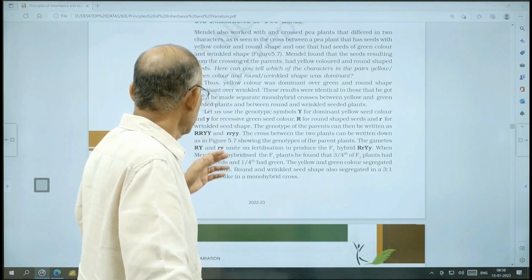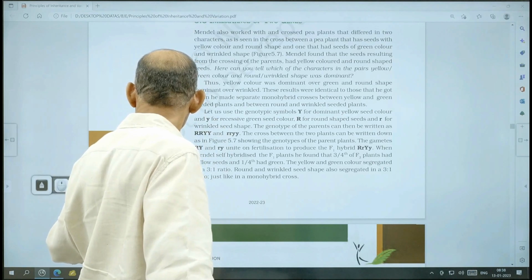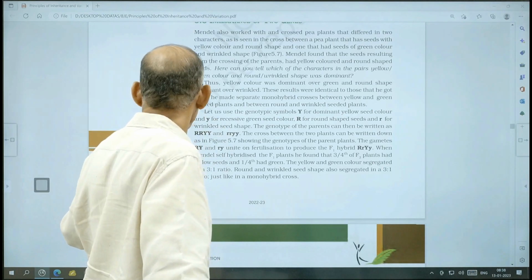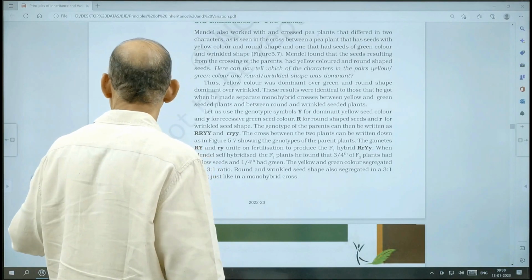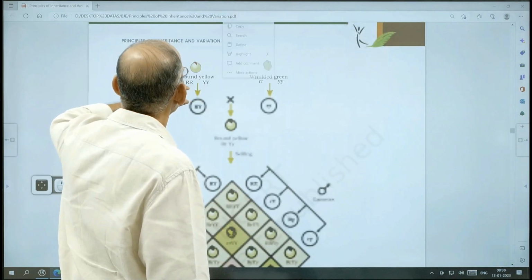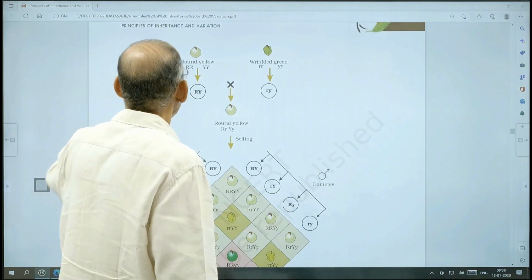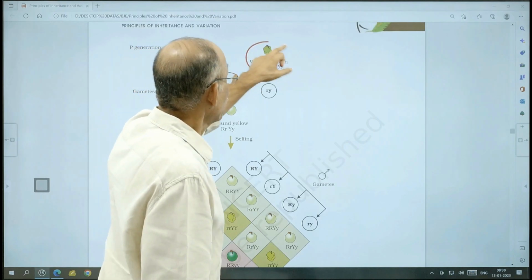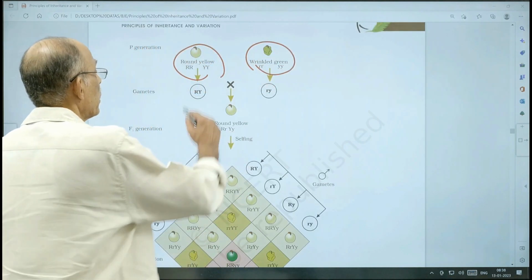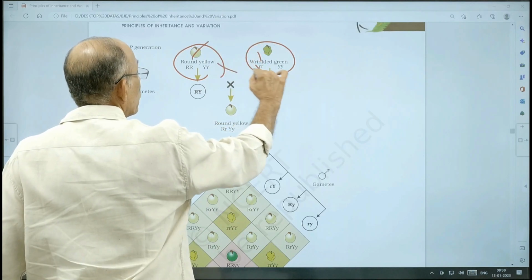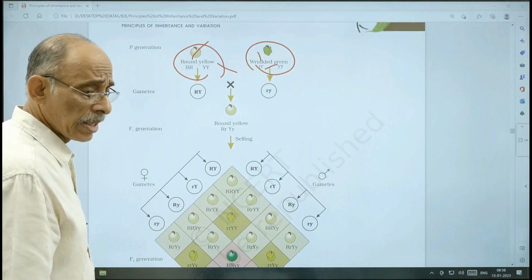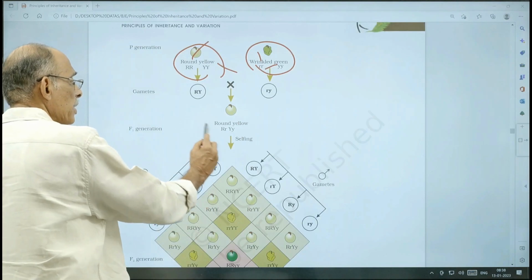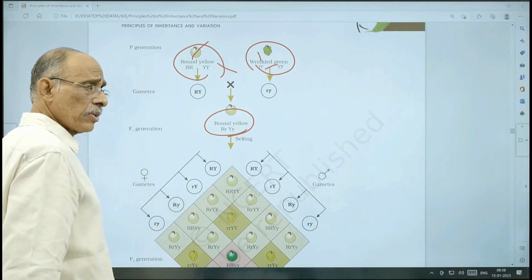Then after the monohybrid cross, Mendel went on to study two characters at a time, and Mendel crossed round yellow plants with wrinkled green plants, and we know that round is dominant over wrinkled and yellow is dominant over green. These are the gametes, and in the F1 Mendel obtained all plants round yellow.